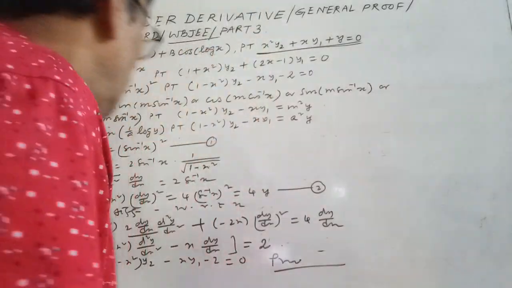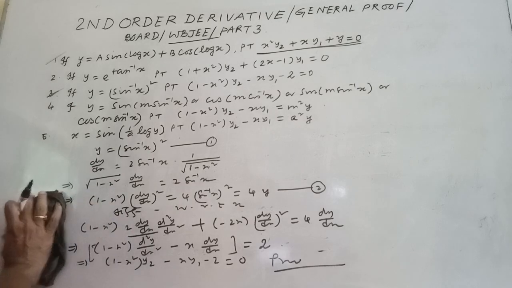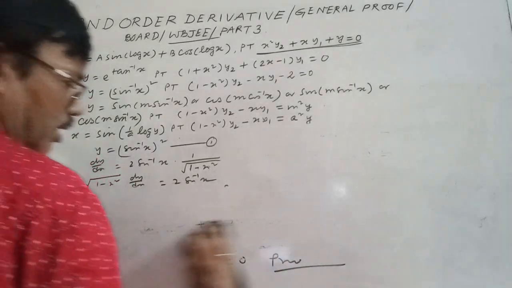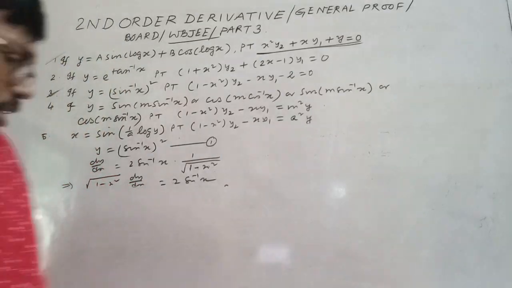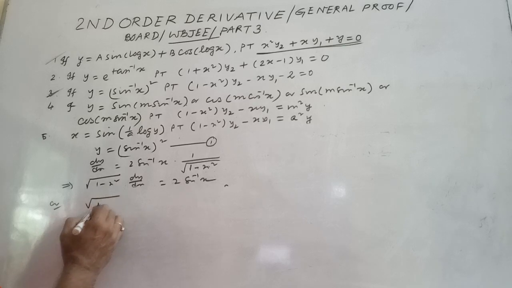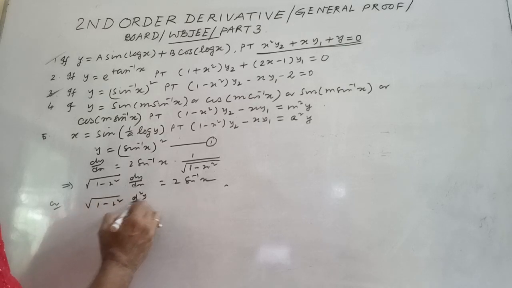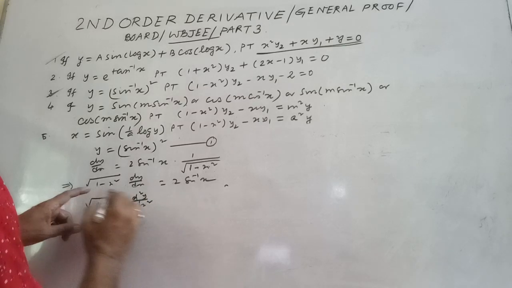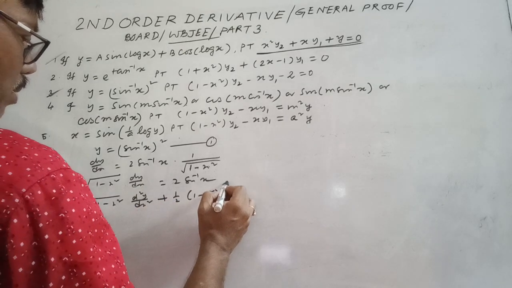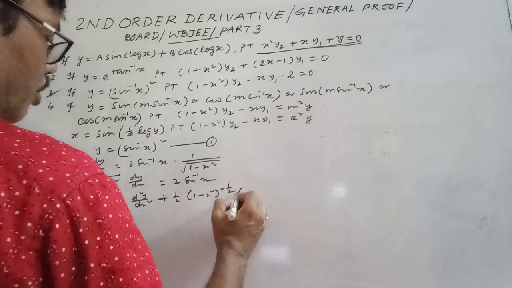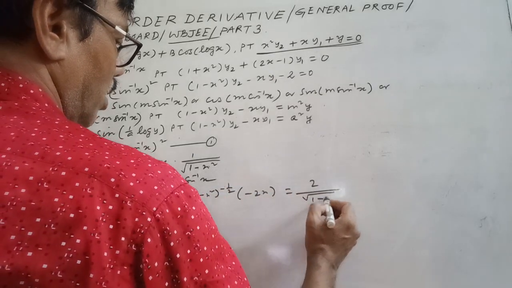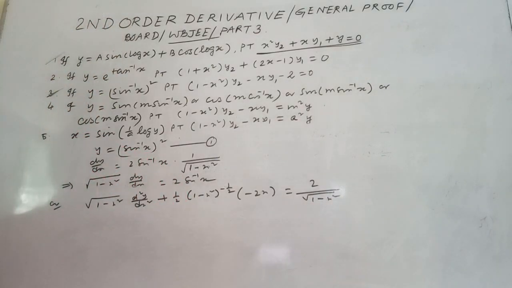This is one process, or you can differentiate it directly. 1 minus x square into d2y by dx2, and the derivative of the root is half of 1 minus x square whole to the power minus half into minus 2x, equals 2y root under 1 minus x square.